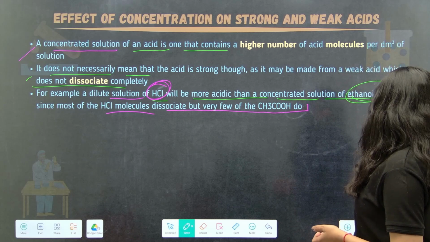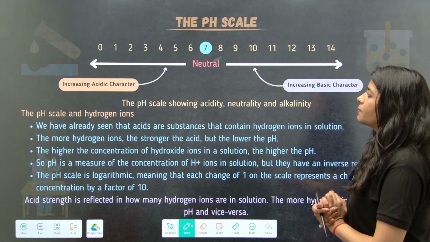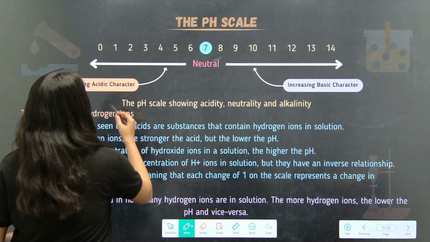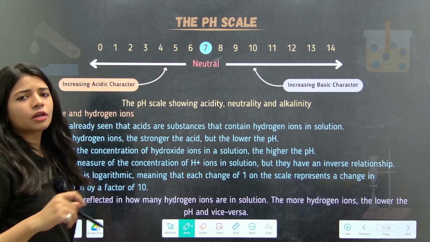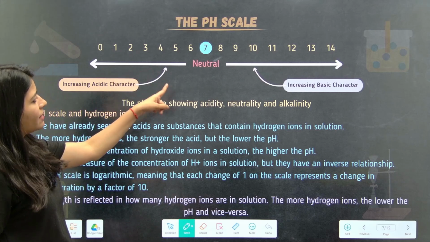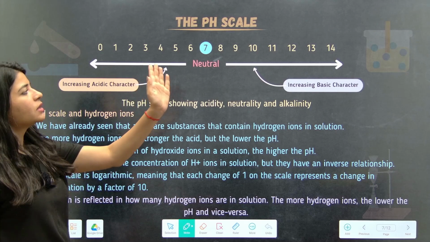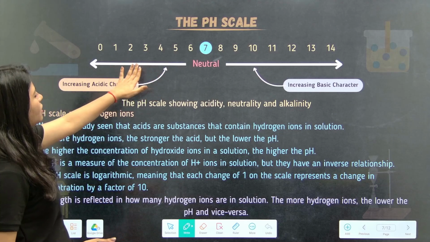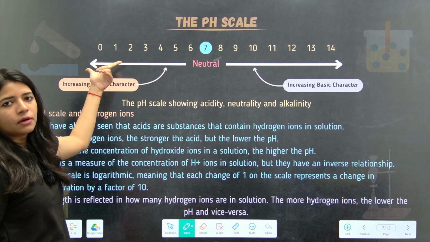So let's move on to the next, which is your pH scale. Now the pH scale is from 0 to 14. If the value is from 0 to 6, then it is said to be an acidic solution. If it is 7, then neutral, and beyond 7 it is basic. Now strong acids are the ones which are at the end of the scale.